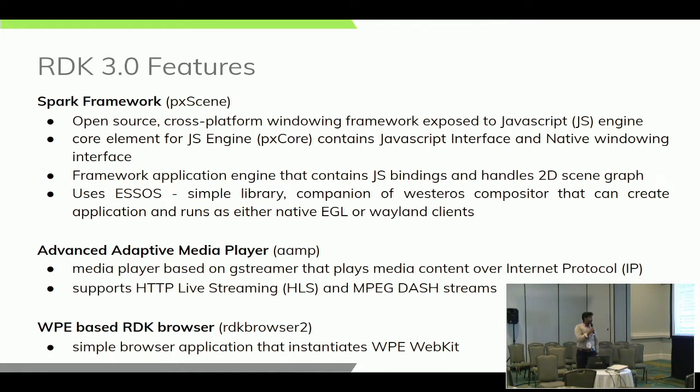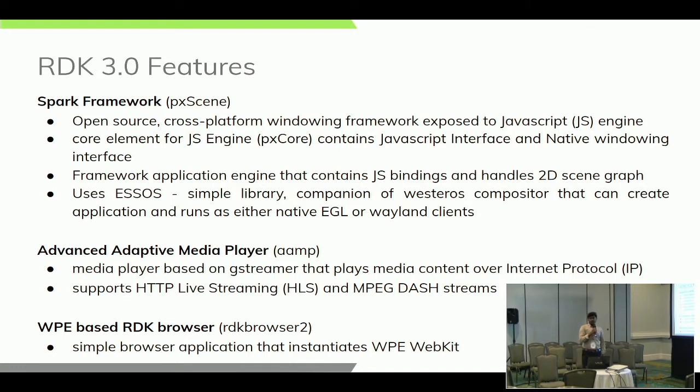These native windowing interfaces are a cross-platform environment, currently supported on Linux, macOS, and Windows. It's open source. Over the core element, it has a framework, which is the application engine. It contains JS bindings, which have text boxes and other GUI elements, and it also handles the 2D scene graph. Overall, the framework and the core element together are called pxScene.